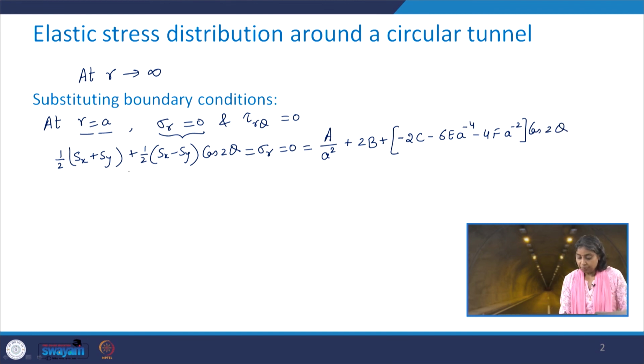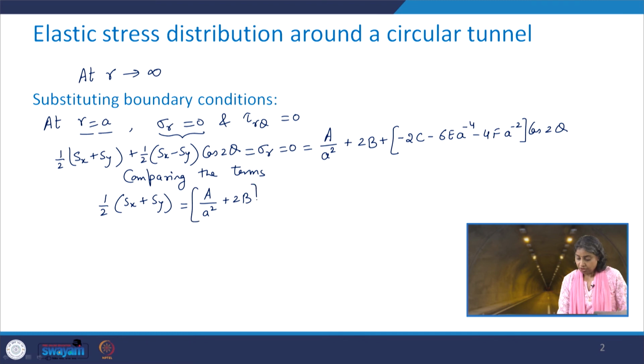Now, comparing the terms on both sides of the equation, what we will get is half (Sx plus Sy) is equal to A upon a square plus 2B, and of course, this is at r equal to a, and this is going to be equal to 0.